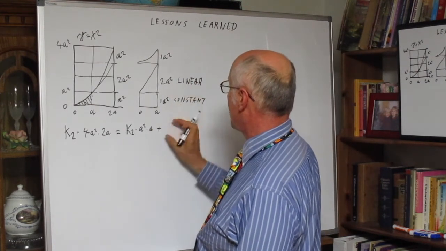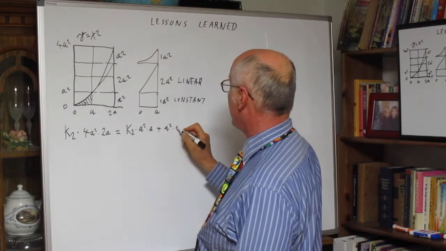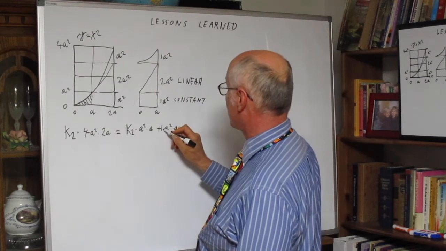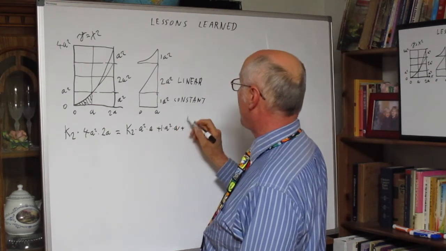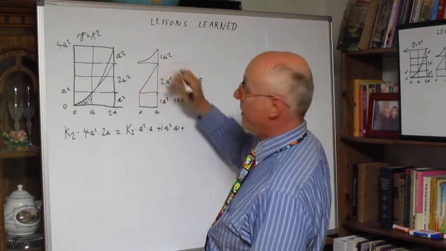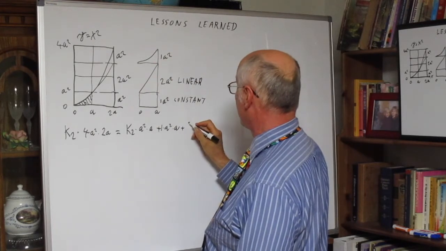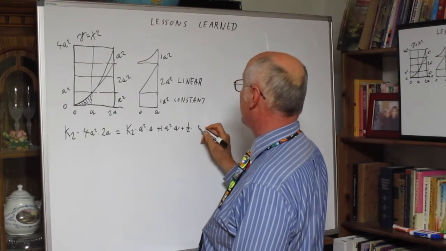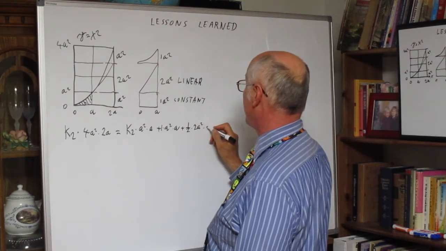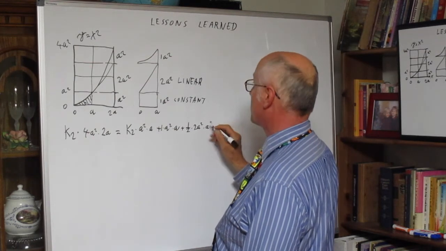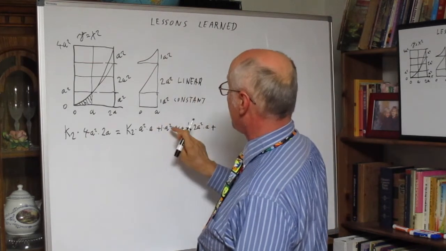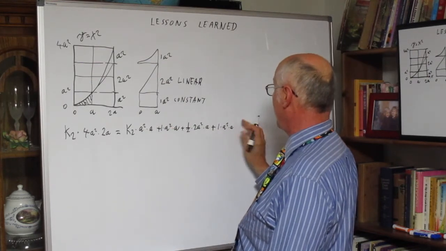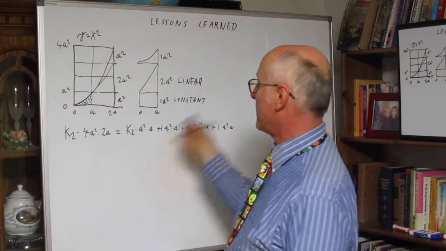So plus a squared times a, and that's 1, plus 1/2 because it's a triangle, 1/2 times 2a squared times a, plus, and this third one is the same as this one, 1 times a squared times a. And you've seen this before.